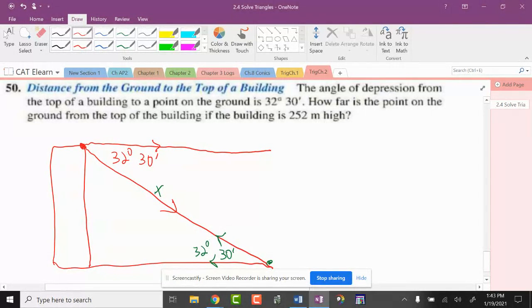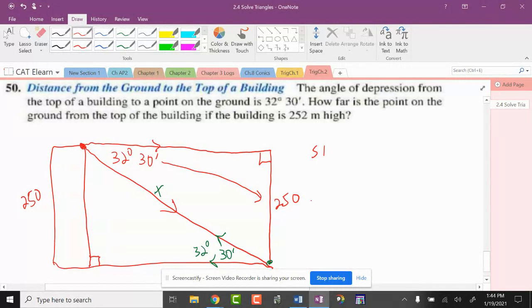All right. How far is the point if the building is 250 high? So this is 250. If you want to make a rectangle out of this, this is 250. We can use that. All right, good. Get your trig ready. Okay, so what are you going to use on this one? Opposite for sure. And this is the right angle. We assume the ground is horizontal.